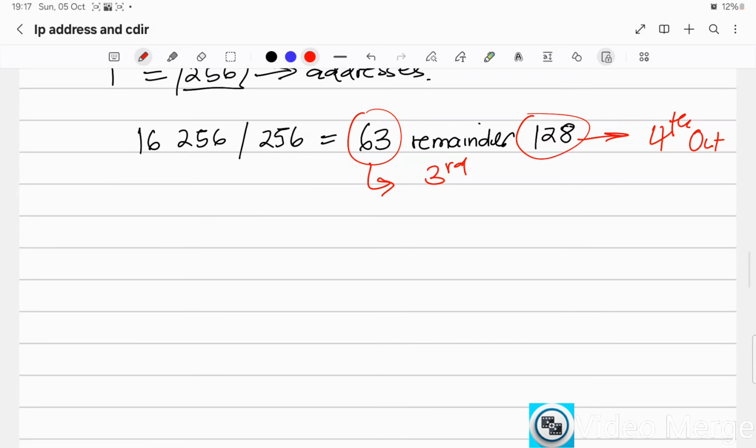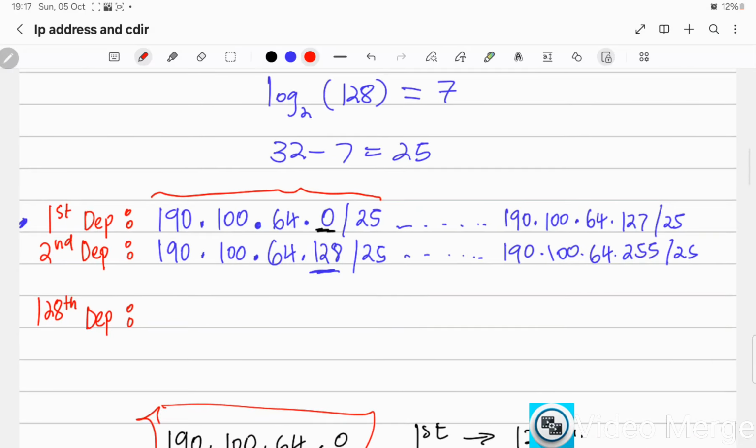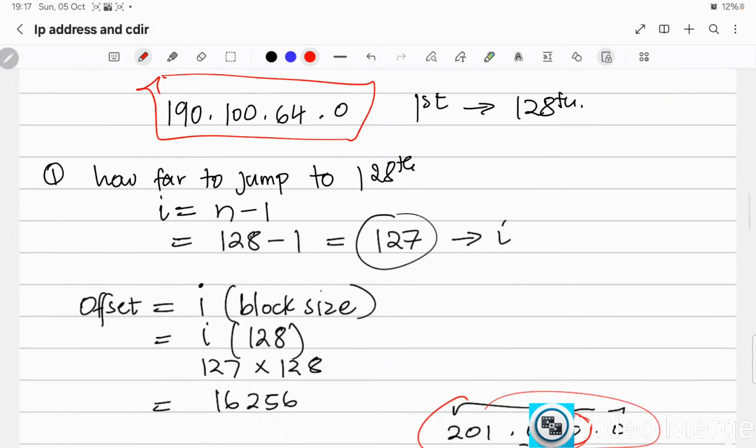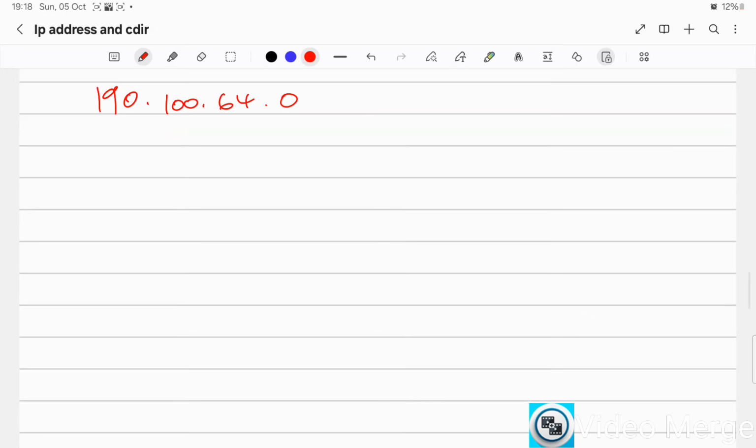Okay, then let me recall this. Remember the first department, we had this value here, which is 9640. This was our first department for the second sub question that we're answering.